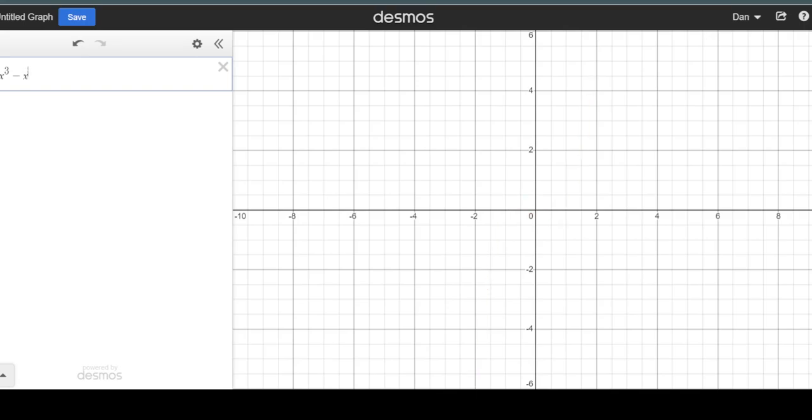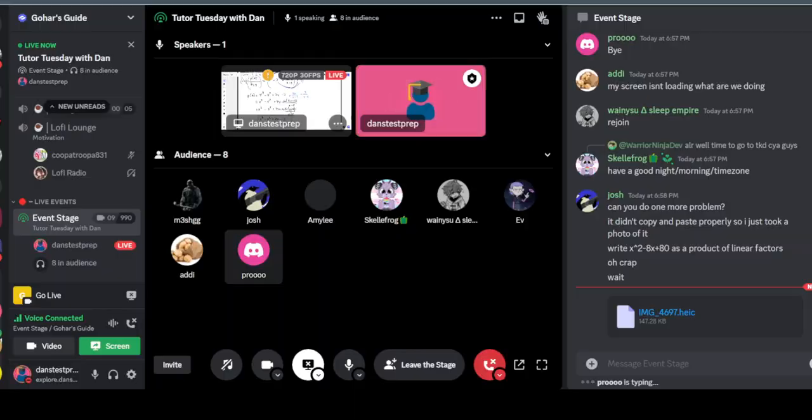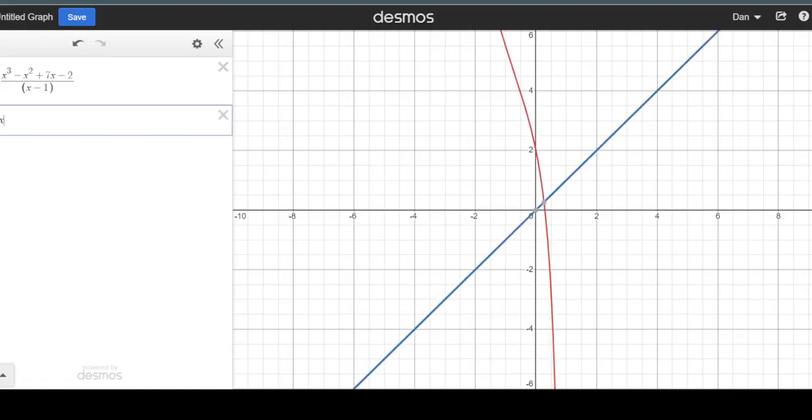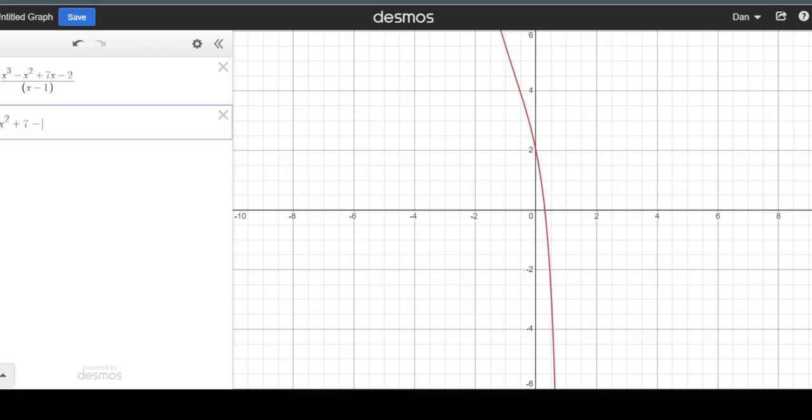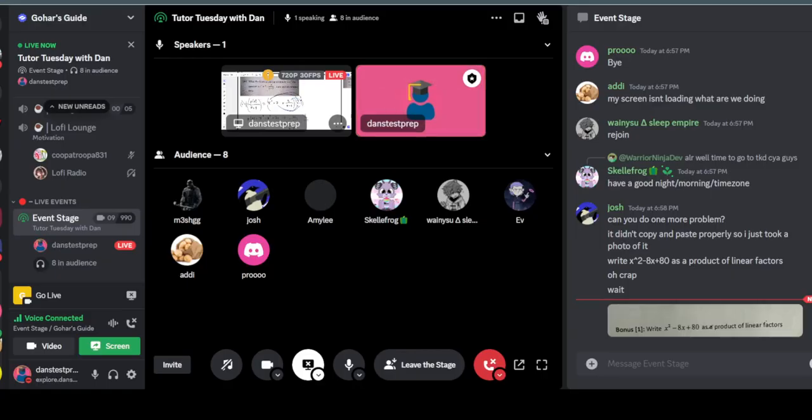X cubed minus x squared plus 7x minus 2. Take that whole thing, divide it by x minus 1, and make sure it's the same as what we're given, which is x squared plus 7 plus 5 over x minus 1. Yeah, it's the same thing. So now we definitely did it right.